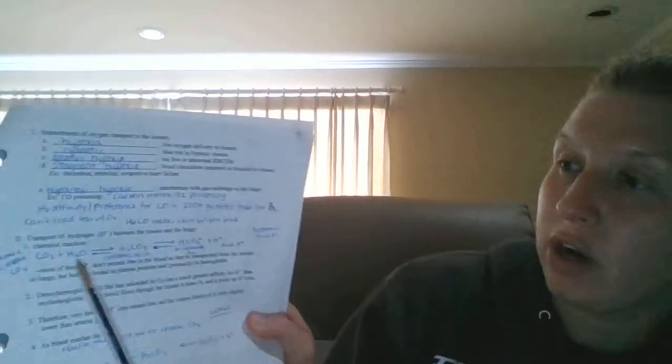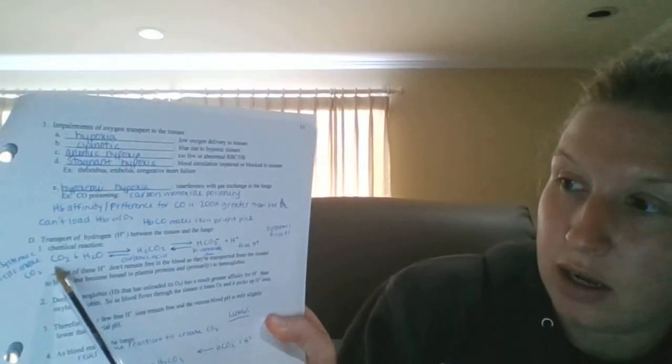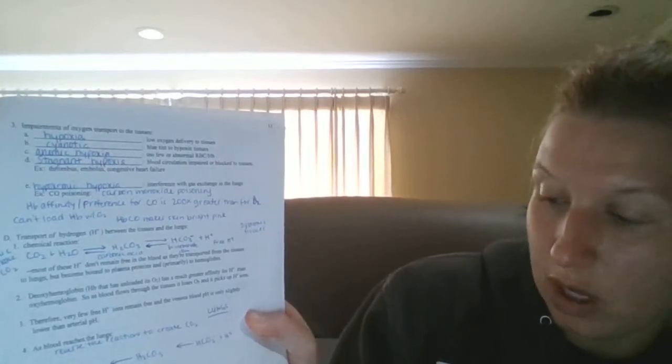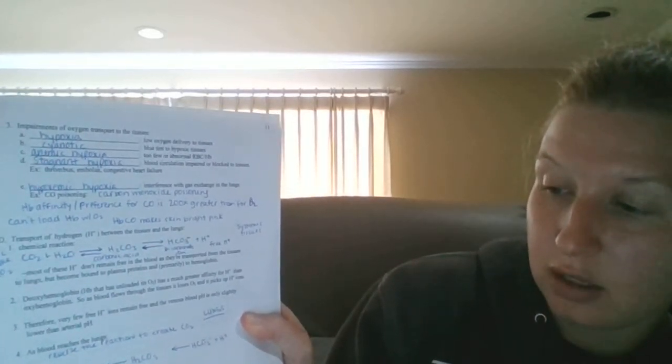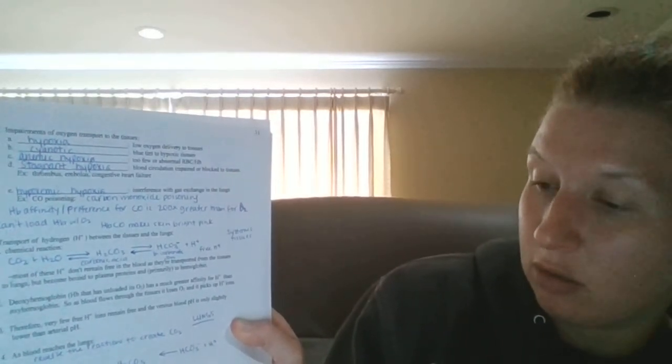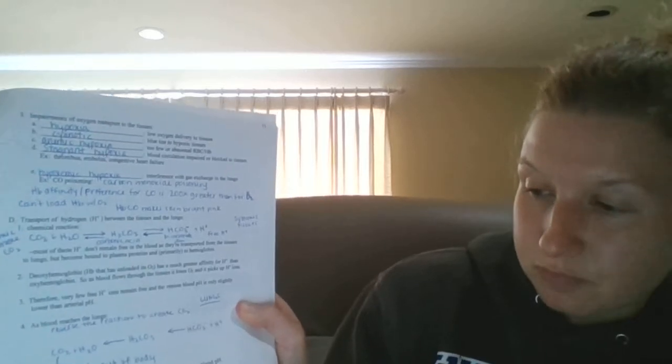So the reaction goes to the right. This is an equilibrium reaction, so when you have more carbon dioxide, it combines with water and forms all of this. So when you're not breathing, the increase in CO2 says, oh, we need to release oxygen, and we probably need to breathe.